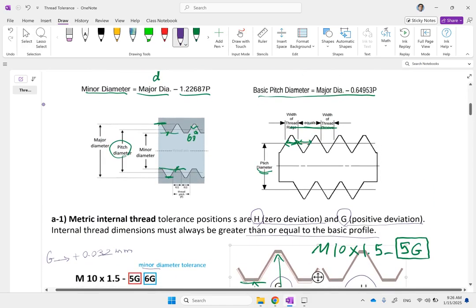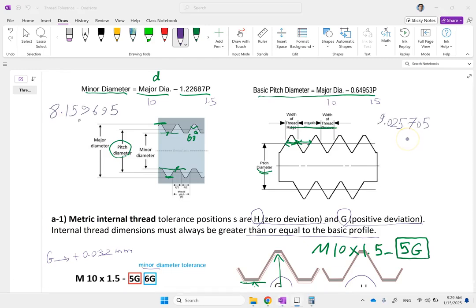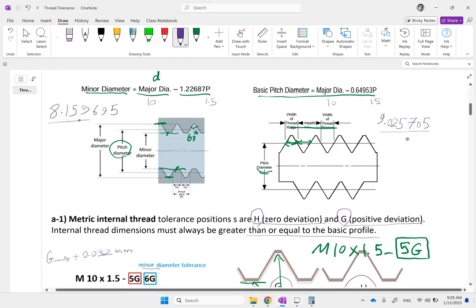So in this case, if we want to know the minor diameter here, major is 10 in this case, and the pitch is 1.5, and similarly here, 10 and 1.5. So if we use these formulas, we should be able to find minor and pitch diameter for the 10 by 1.5 thread. So let's calculate it. So these are the numbers we find using calculator. Now, the thing is this.